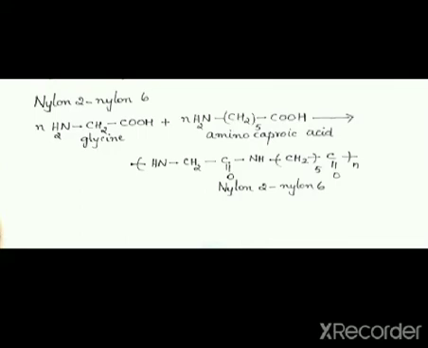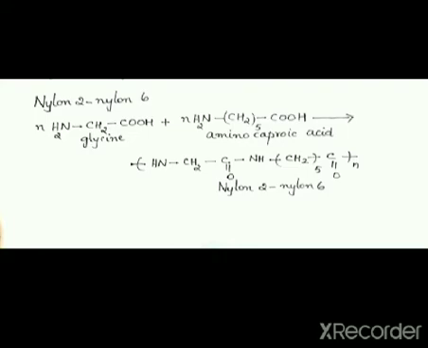Consider nylon 2, nylon 6, a biodegradable polymer. The monomers are glycine and aminocaproic acid. 2 and 6 in the polymer nylon 2, nylon 6 represent the number of carbon atoms in the monomers. You can find 2 carbon atoms in glycine and 6 carbon atoms in aminocaproic acid.